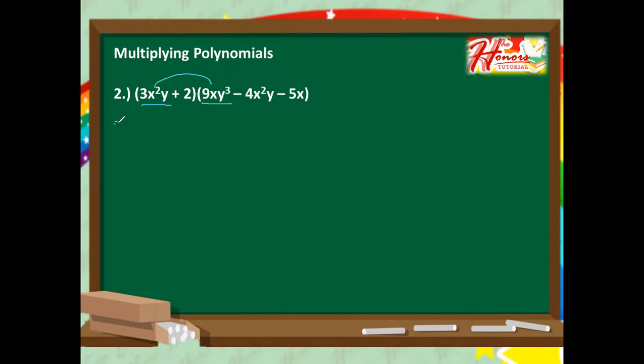So it will become the quantity of 3x squared y times 9xy cubed. And then copy the operation here, which is subtraction. So minus 3x squared y times 4x squared y. And then copy again the operation, which is subtraction. So minus 3x squared y times 5x.